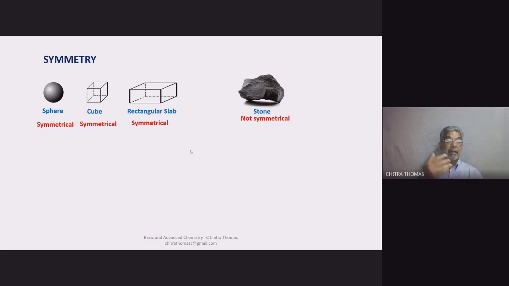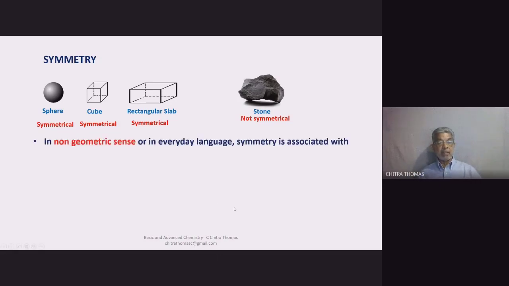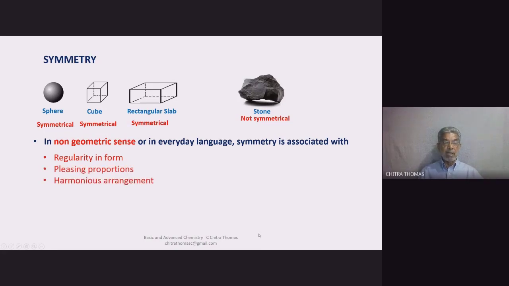In day-to-day language, in the non-geometric sense, symmetry is associated with regularity in form. You can see that there's a regularity in form. Then the pleasing proportions, the harmonious arrangement and the sense of beauty.